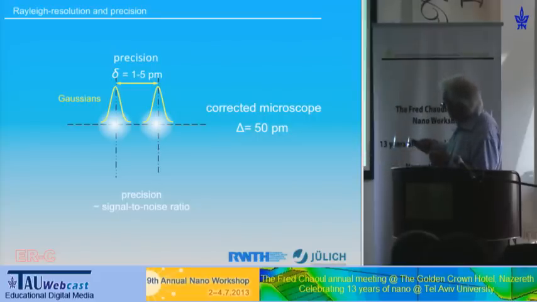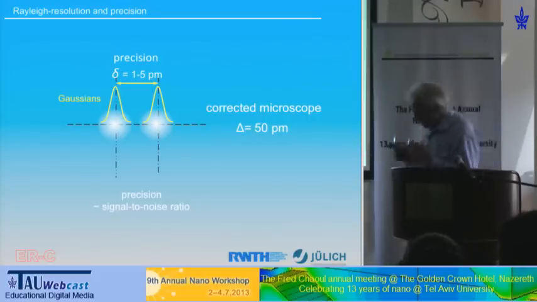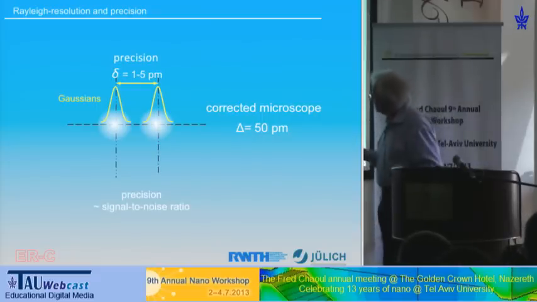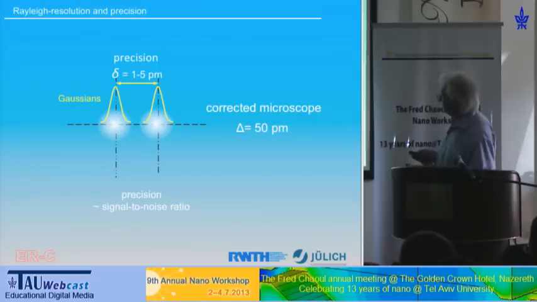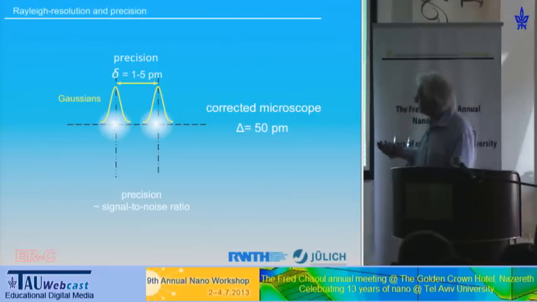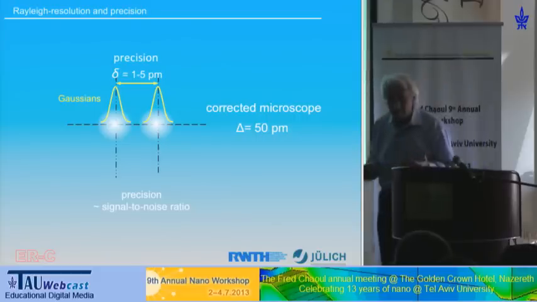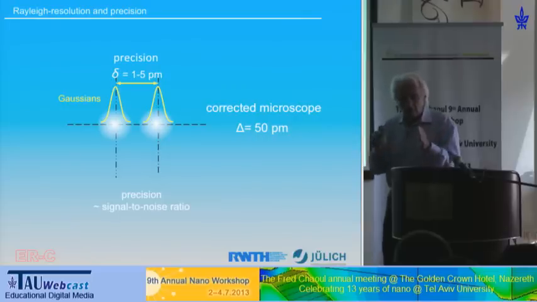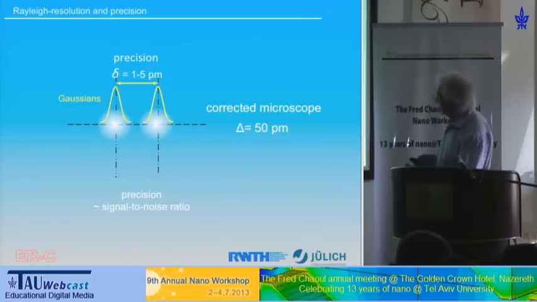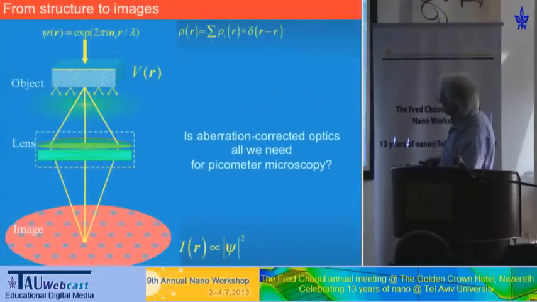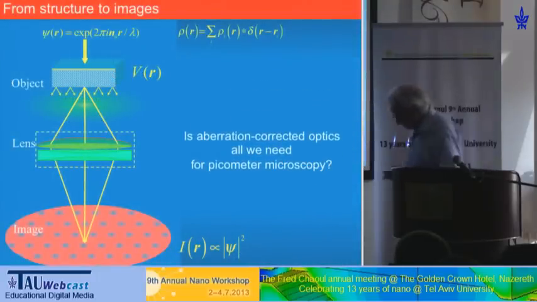This precision is nearly 2 orders of magnitude higher than the resolution. And this allows us to do picometer microscopy in that sense that we can measure, for instance, the distance between these two maxima to 1 or 2 or 3 picometers. And this is the background of what I'm talking about today.